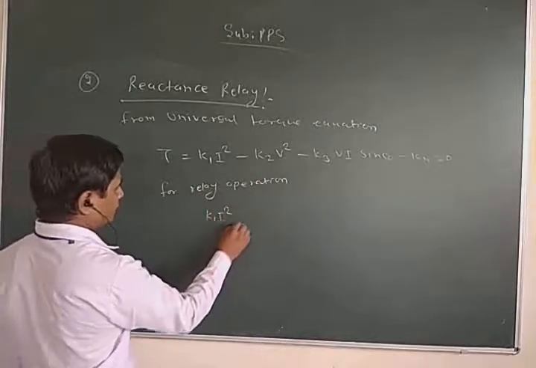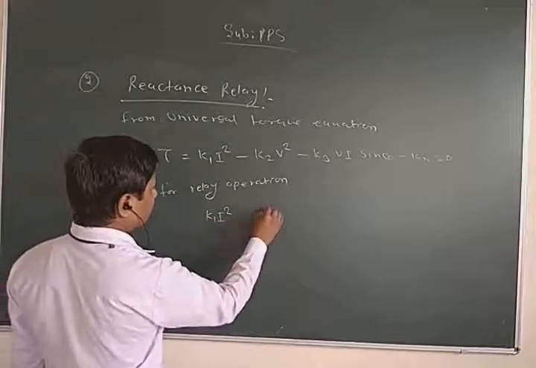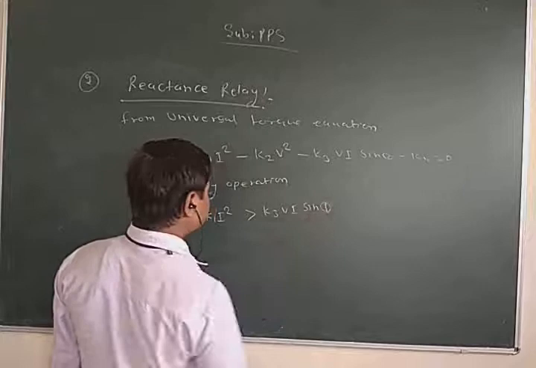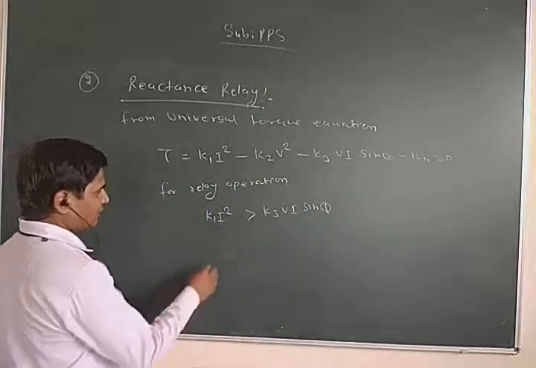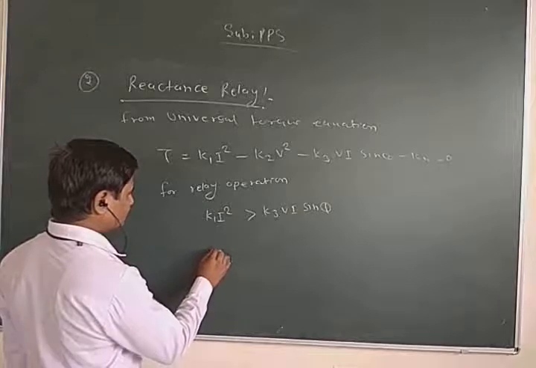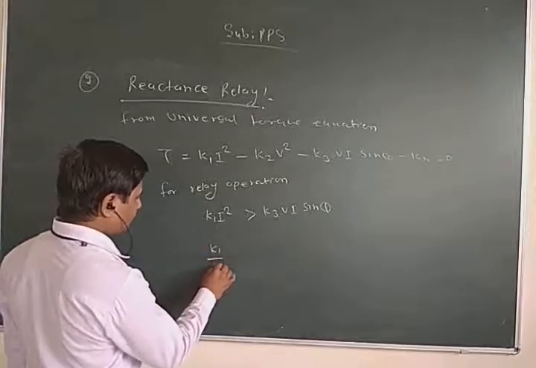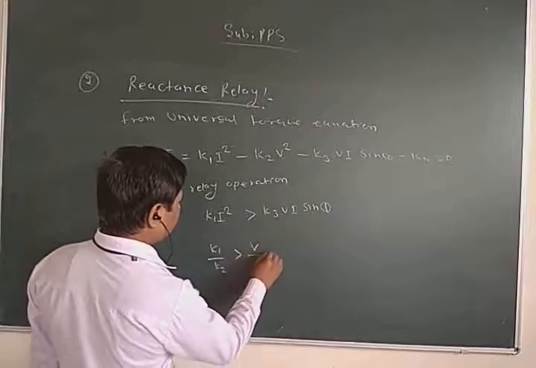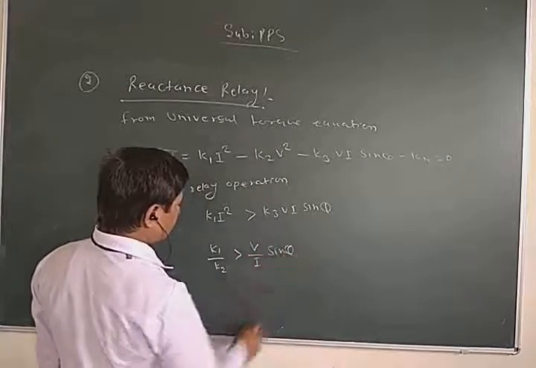So for relay operation, K1 I square should be greater than K3 VI sin theta. Or we can say that K1 upon K3 is greater than V upon I sin theta.